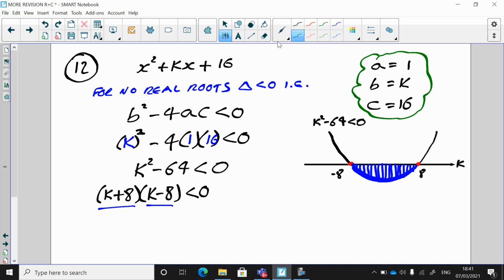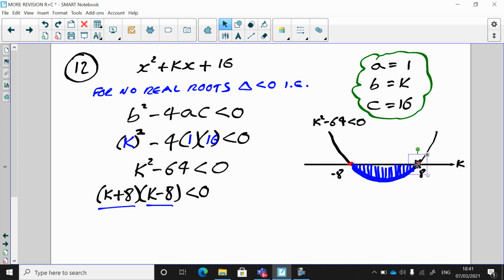That's what they're talking about here. So k seems to be rattling about between -8 and +8.